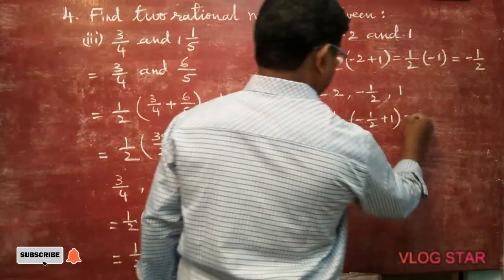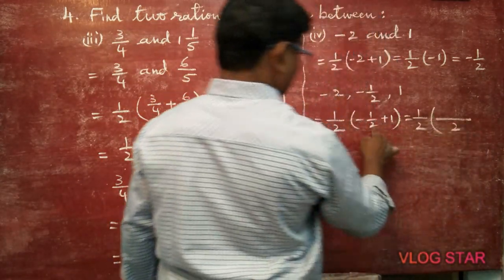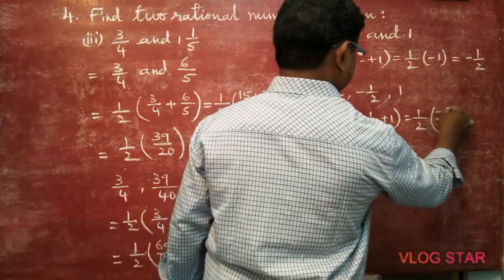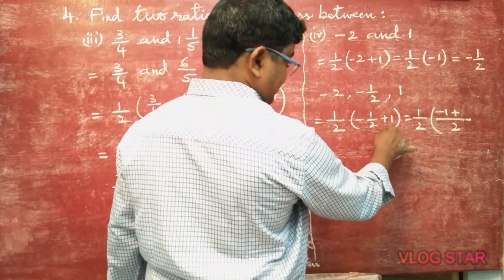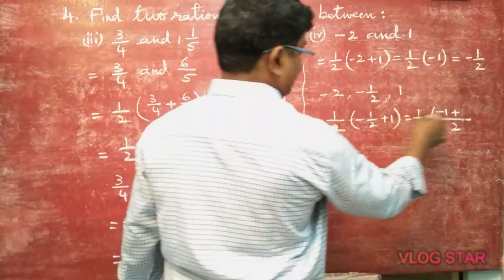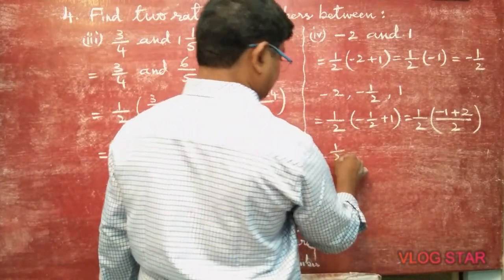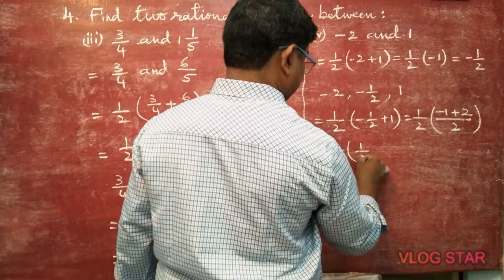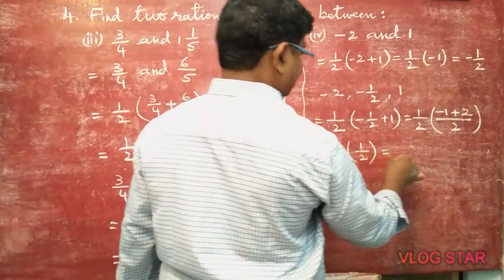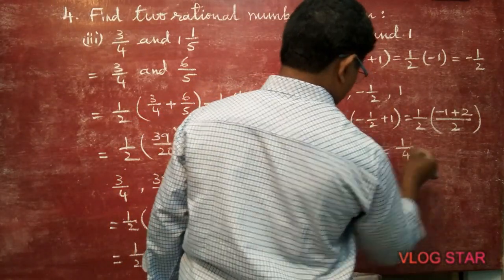That is equal to 1 by 2 into, here 2 is the LCM. 2 goes into 1 one time, minus 1, plus is there again. Here nothing is there means 1 is there, 1 goes into 2 times, 2 ones are 2. That is equal to 1 by 2 into 2 minus 1 is 1, 1 by 2. So 1 ones are 1, 2 twos are 4.